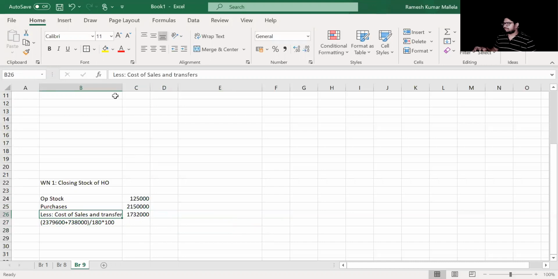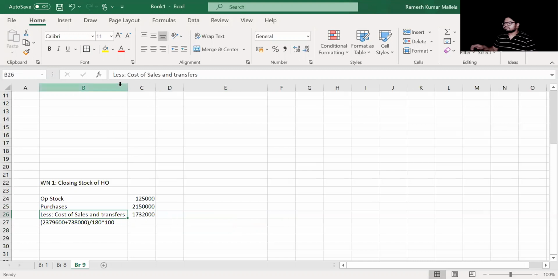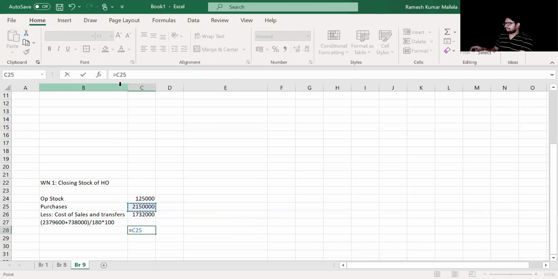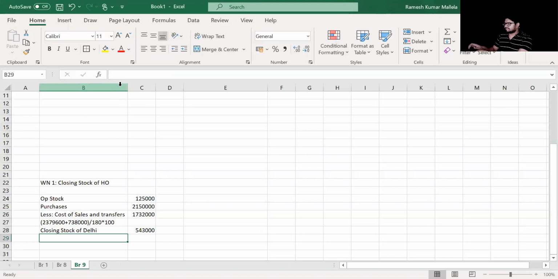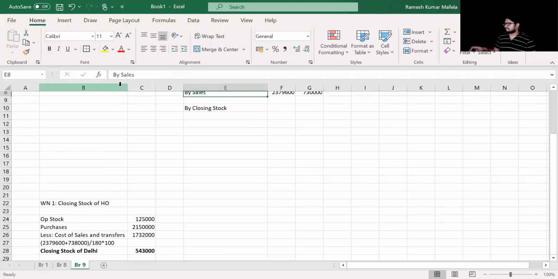Okay. I hope you guys are able to follow. So closing stock is going to be opening stock plus purchases minus cost of goods sold, which is, closing stock of Delhi is going to be this. Clear? It is 5,43,000. Okay.